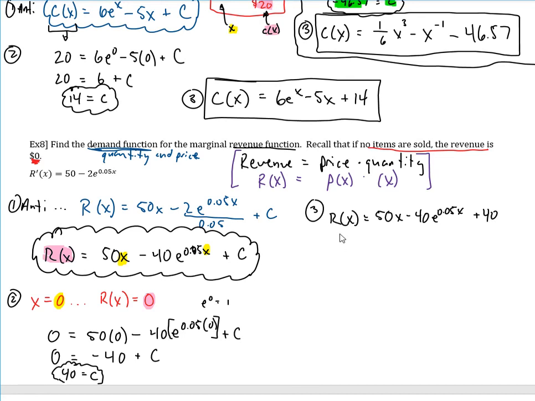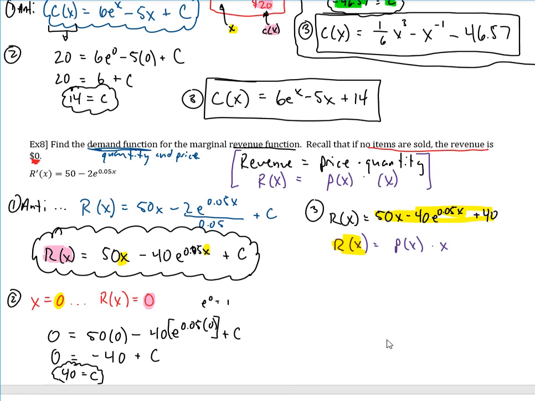So on my left, I have R of X, which I'm going to rewrite, and we'll show what I'm going to do with my substitution. Okay, so what I want for my R of X is this whole thing. I'm just going to rewrite that on the left side.